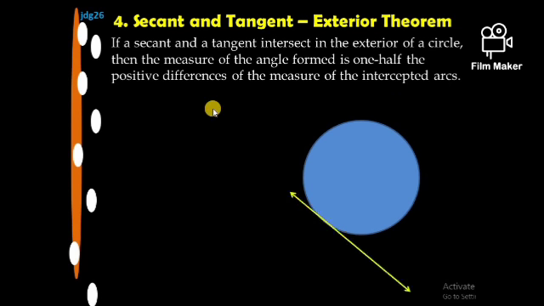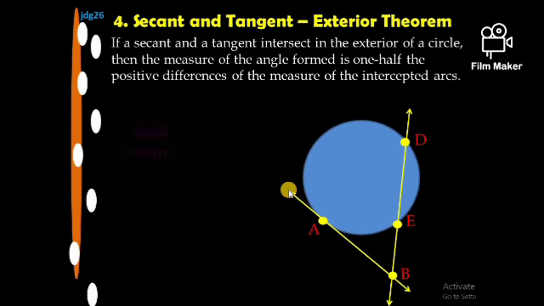So, let's have an illustration first. So, meron tayo ditong tangent, line AB, and secant, line DE, or line DB. So, kahit alin sa mga letters na yan.